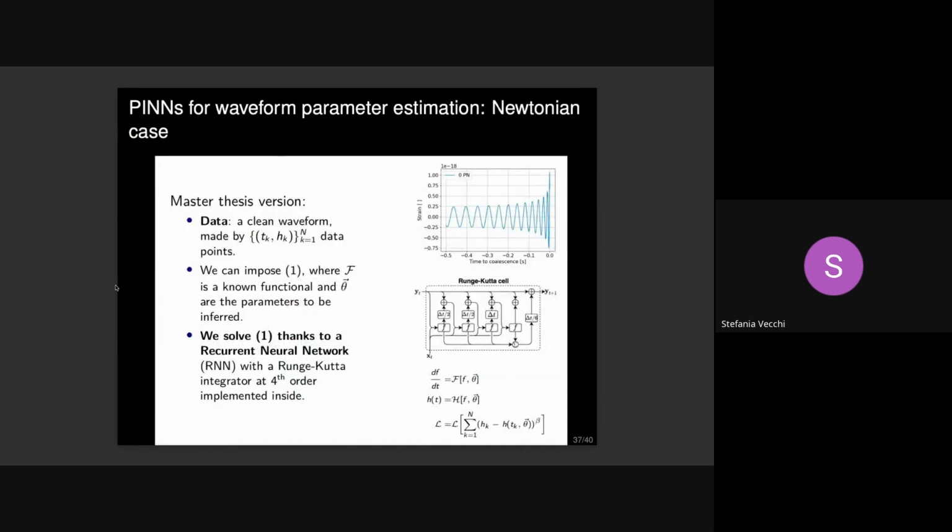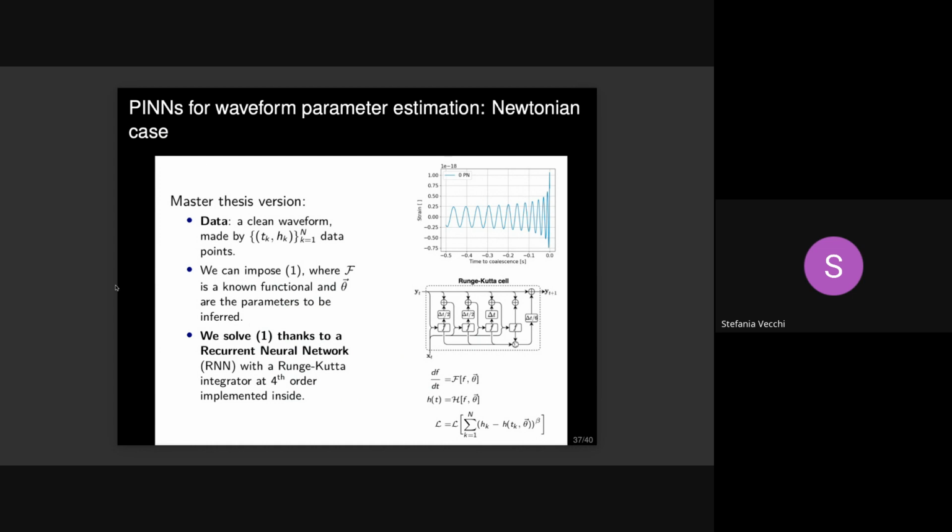What Matteo did in his master's was take a quite simple Newtonian waveform and train a recurrent neural network, a type of network that works in the time domain. Basically, it's a much more complicated neuron.